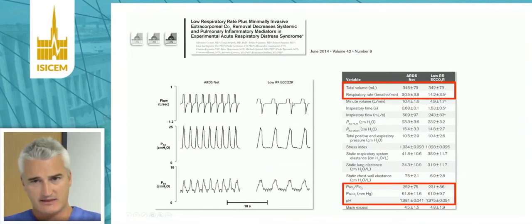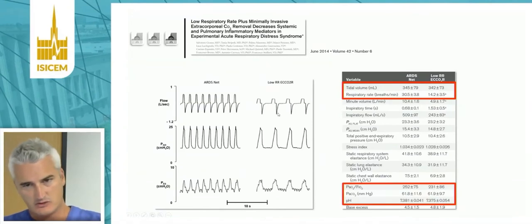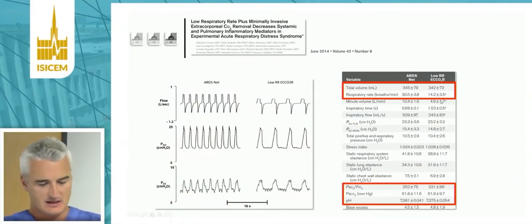To be sure that the pH and PCO2 were comparable in both groups, they combined it with extracorporeal CO2 removal. So in this animal study, the only difference between the two groups of animals was the reduction of the respiratory rate, with exactly the same tidal volume, and the respiratory rate was divided by 2.